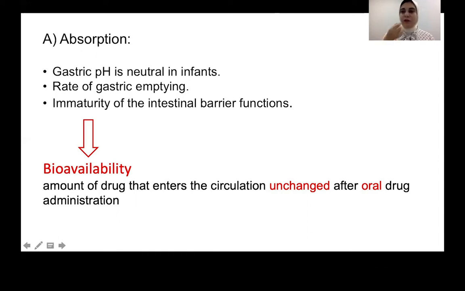I mean, when you take the drug by oral route, maybe 70 or 80% is absorbed and 20% is not absorbed. So the bioavailability in the blood is 80%. So this is the bioavailability.